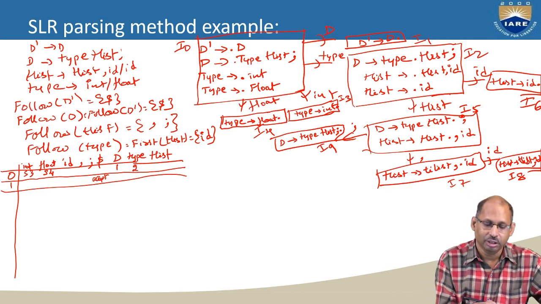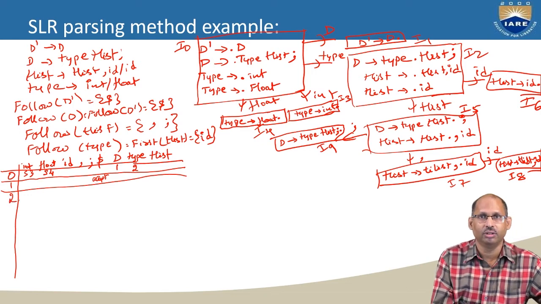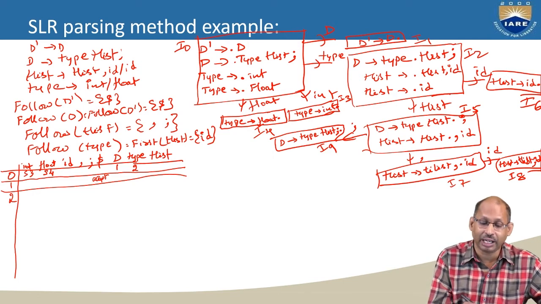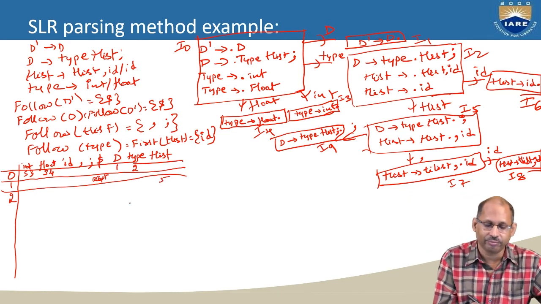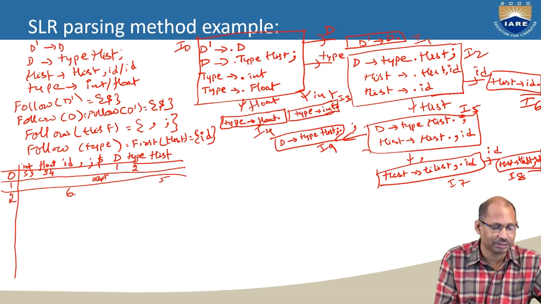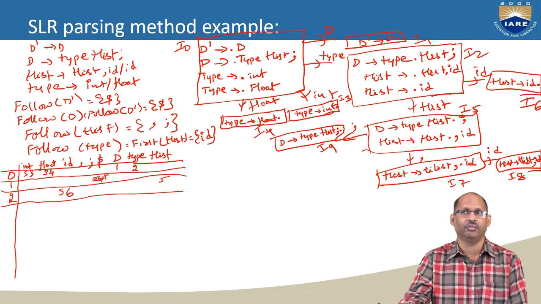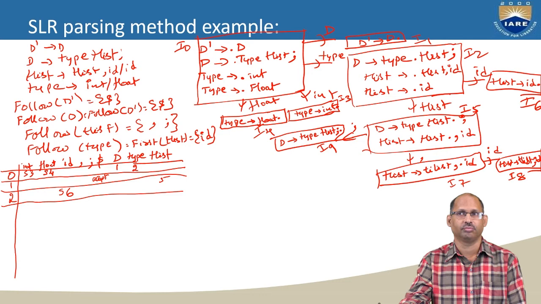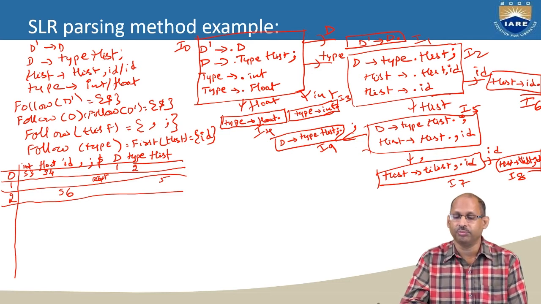So here in row 2, state 2, in the T list column we write 5, and in the ID column we write 6. So in state 2 we write 6 and 5. Okay, the 2 is over.